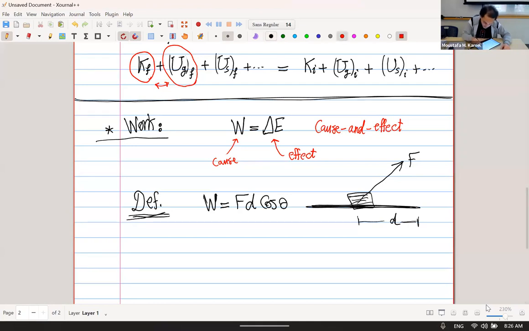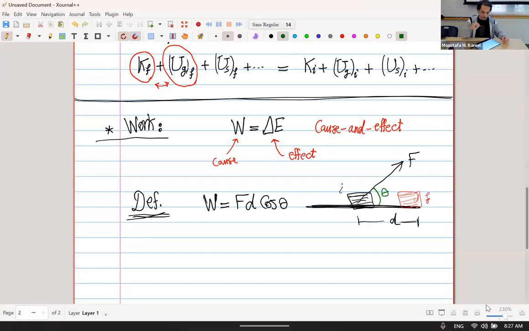So the final position of the box is here. Let's denote it F. And this is the initial position. Let's denote it I. The angle between the force and displacement is theta.